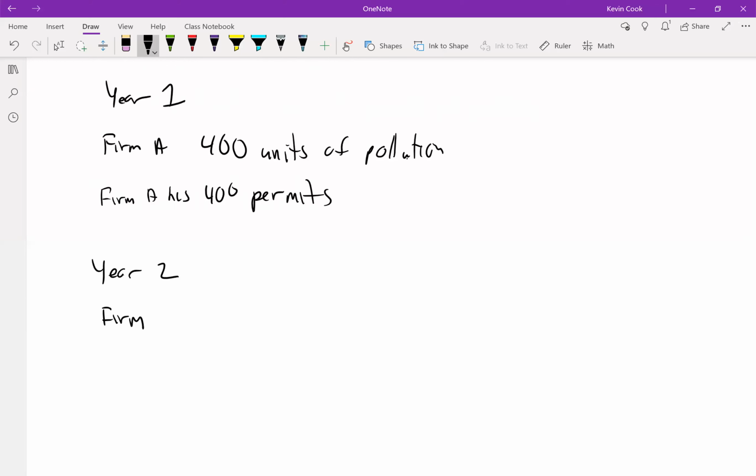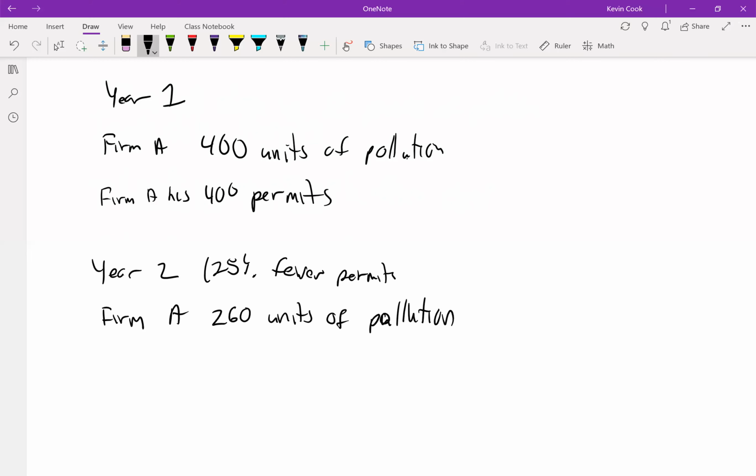So in the second year, firm A emits 260 units of pollution. But suppose that they have 25% fewer permits. So 25% of 400 means that they lost 100. So in year two, firm A will have 300 permits.